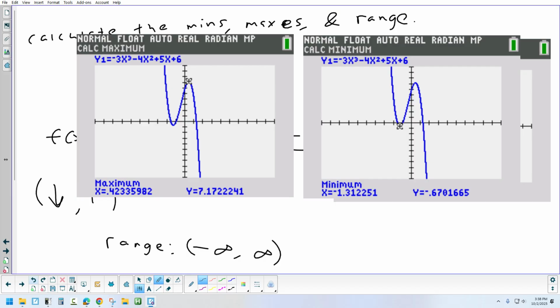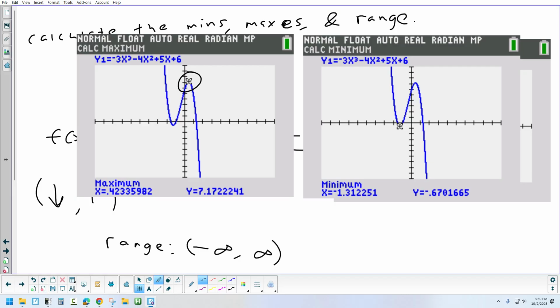Okay. Now, let's look at the maximum. If I asked you something specific, like what is the maximum, what would you say the local maximum is? It's a single number. 0.4? No, that's not what the maximum is. Yeah, the 7.17.